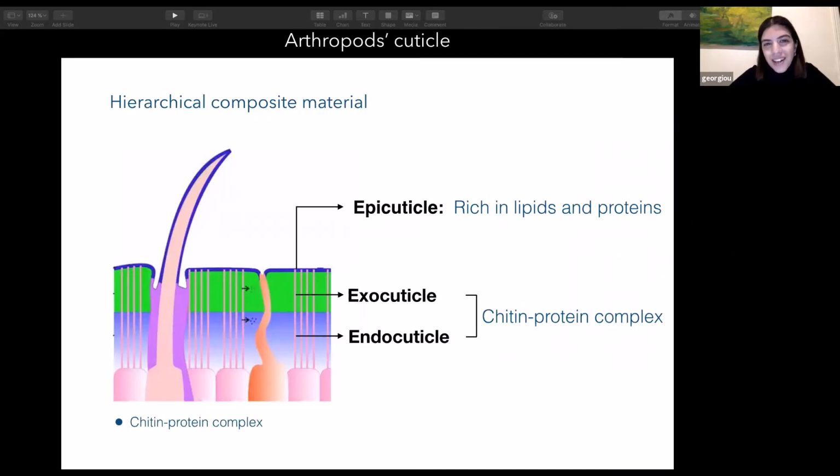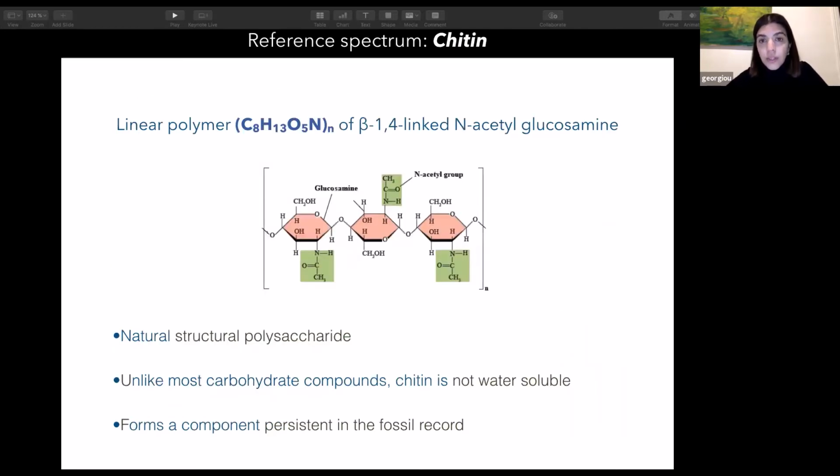We know that an arthropod's cuticle, at least today, is a hierarchical composite material, consisting of the epicuticle, which is rich in lipids and proteins, and then we have the chitin-protein complex. And we know that chitin is quite persistent in the fossil record.